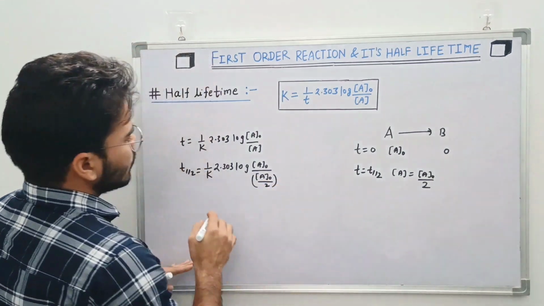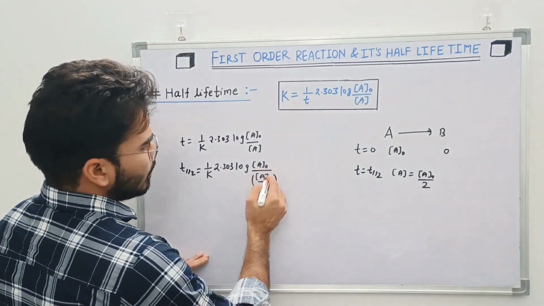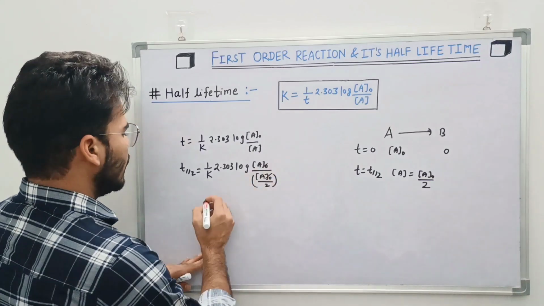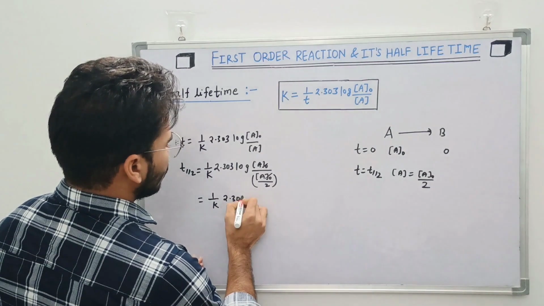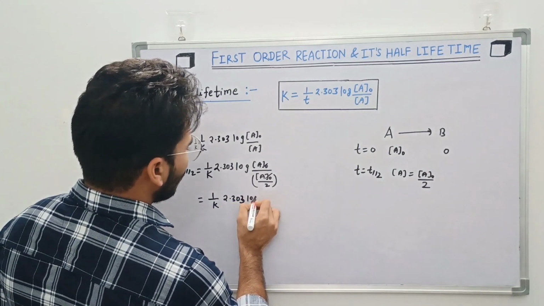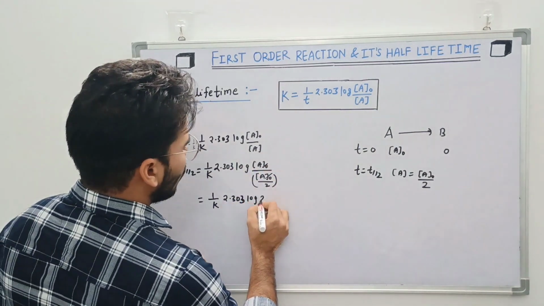When we solve this equation, this A0 will be cancelled by this A0 and we get the expression 1 upon K 2.303 log, this 2 will be above.